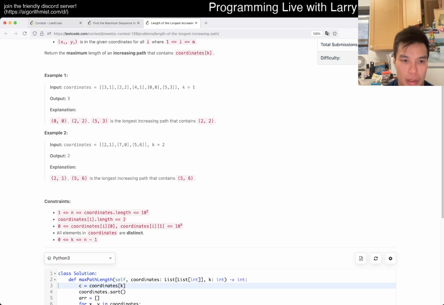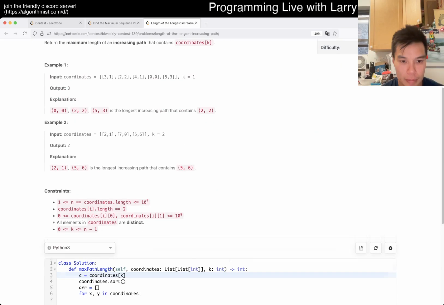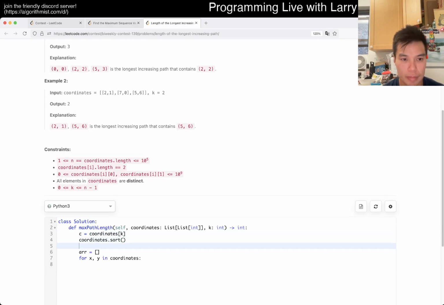I mean, that's easy. Let me just do longest increasing from here, and longest decreasing from the other side, right? That's not that bad, in theory.